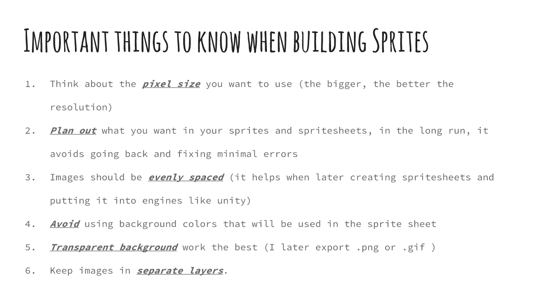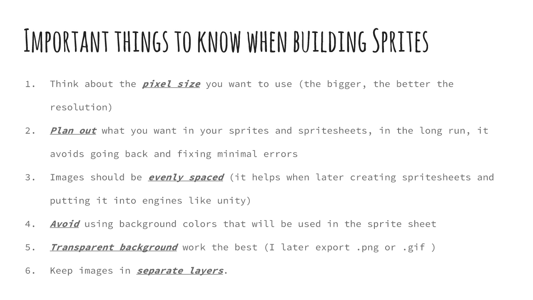Also, it's really important to plan out. You don't necessarily have to, but it helps you visualize what these sprites are going to look like in the future and helps you reduce the guesstimation along the way. But guesstimation is also good because it helps you create new things. So it's really more of a balance, I would say.